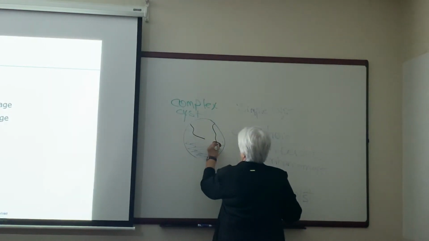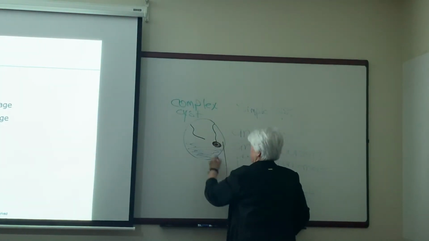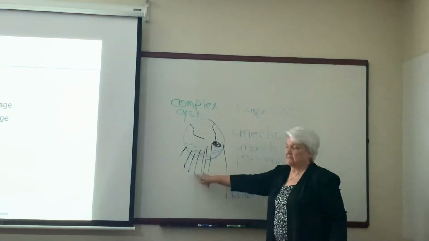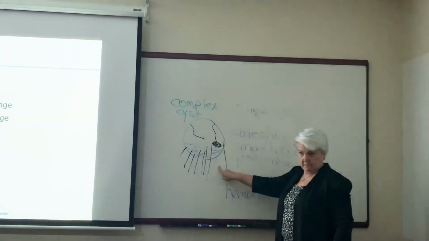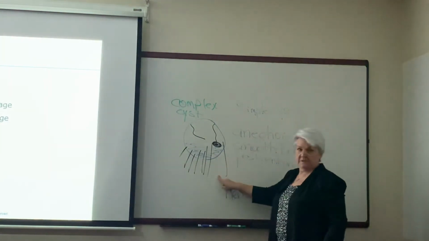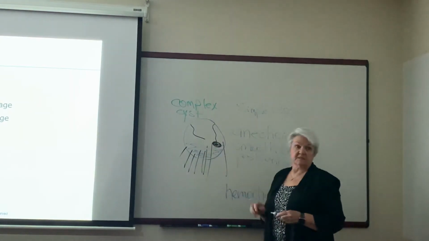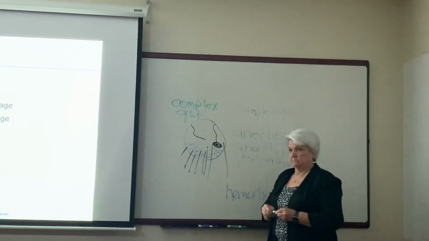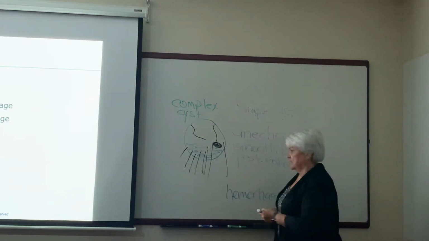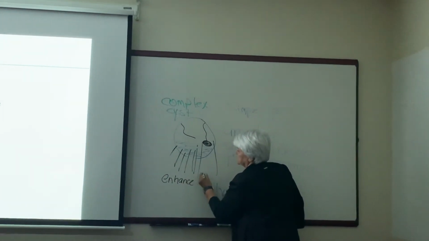It's going to be hyperechoic. Posterior shadowing. And you would still consider it a complex cyst. Still complex. Calcifications will shadow, even though the cyst has posterior enhancement.